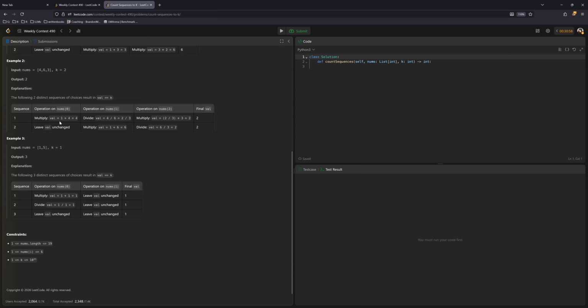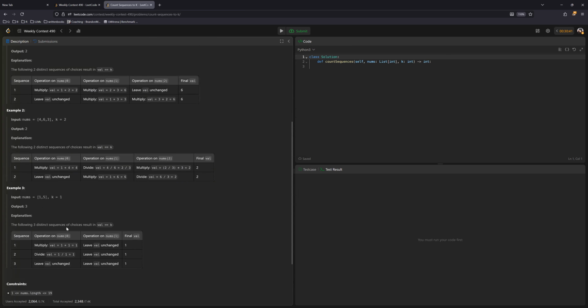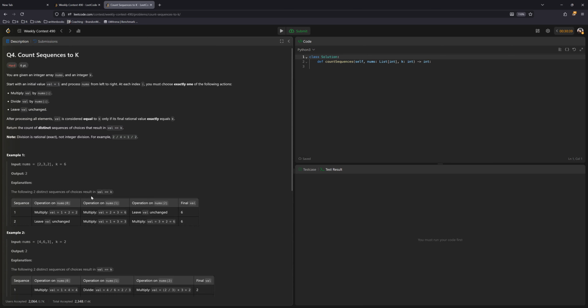Yeah. The following 3 distinct sequences of choices result in val equals k. Multiply, divide. Division is rational exact, not integer division. That makes sense.